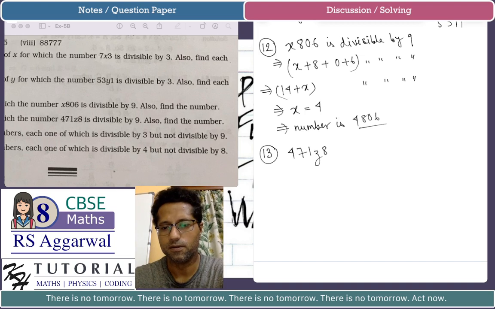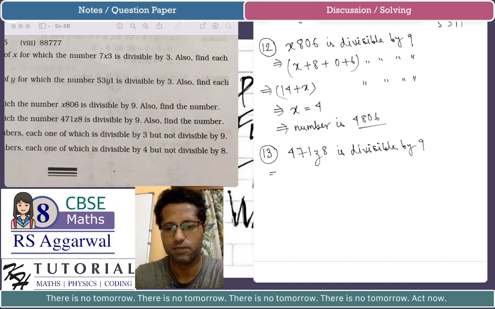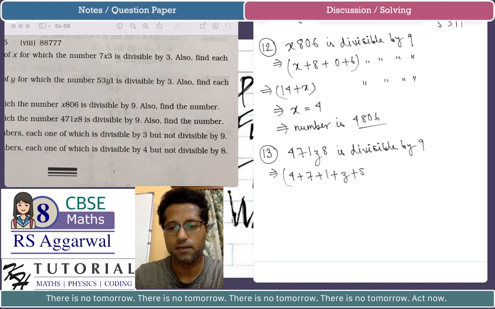Also find the number. So the sum of the digits has to be divisible by 9. That is 4 plus 7 plus 1 plus z plus 8 is divisible by 9.